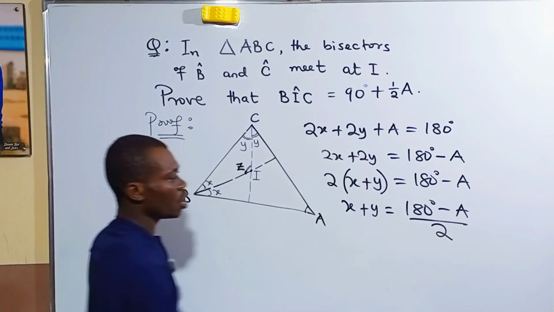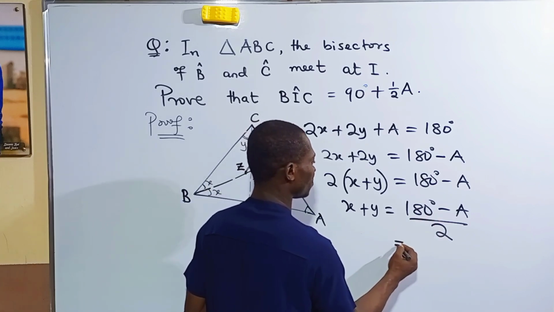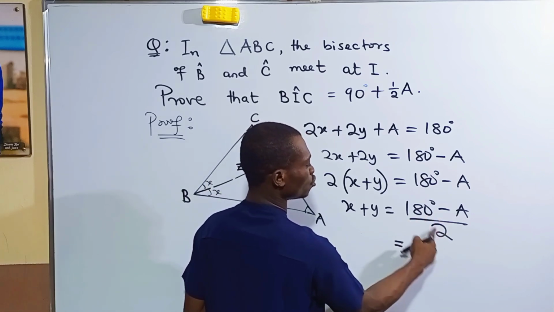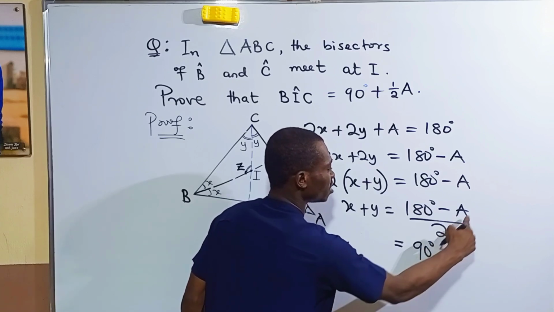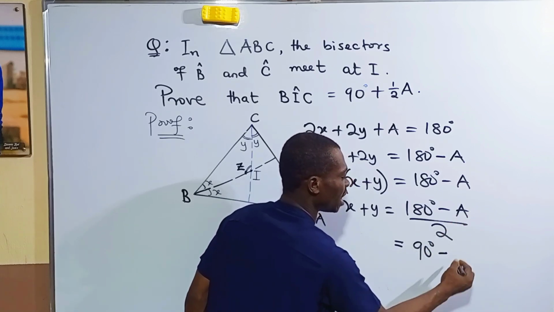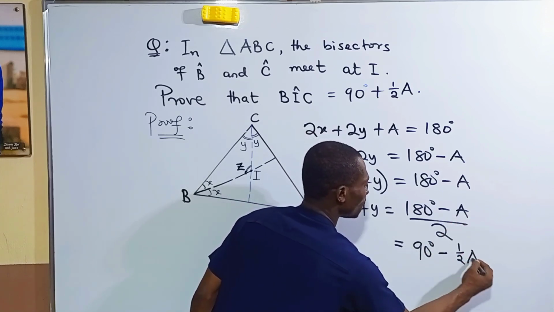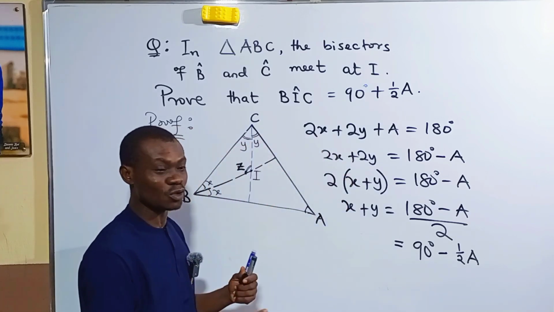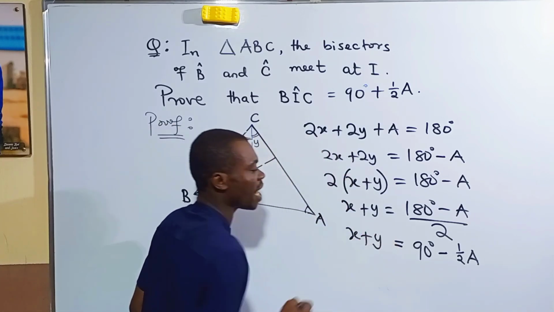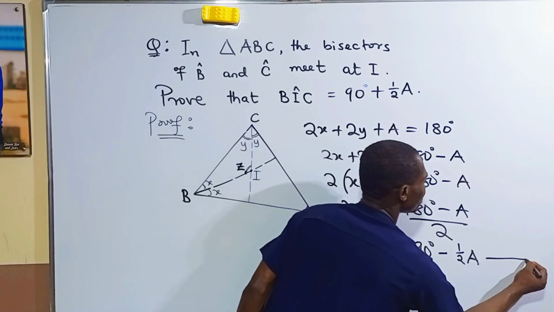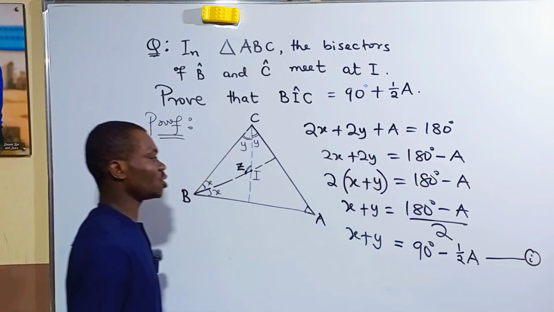I hope you know this is the same thing as 90 degrees minus half A, because the 2 goes into 180 to give 90, and the 2 divides A to give half A. You can write A over 2 as half A. That is our x plus y. We can keep this here and call it equation 1.